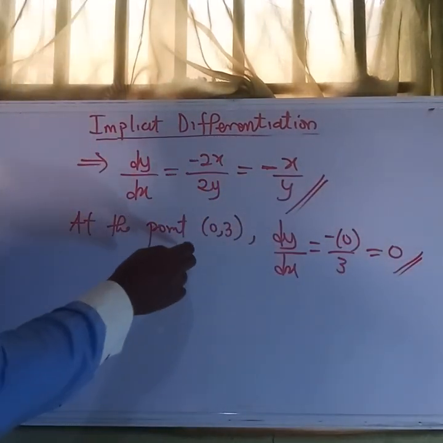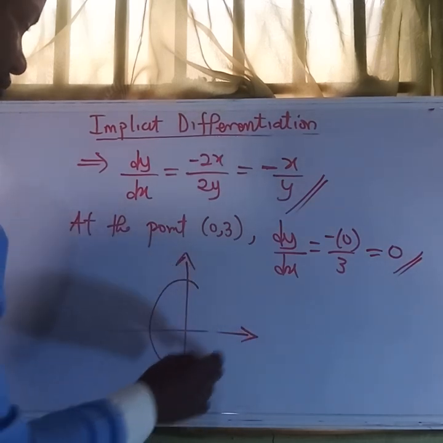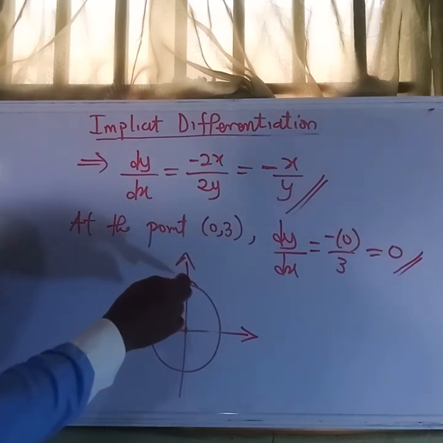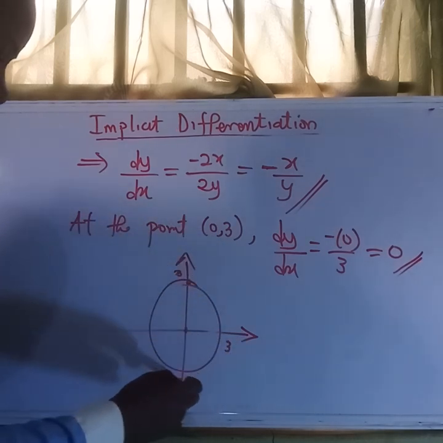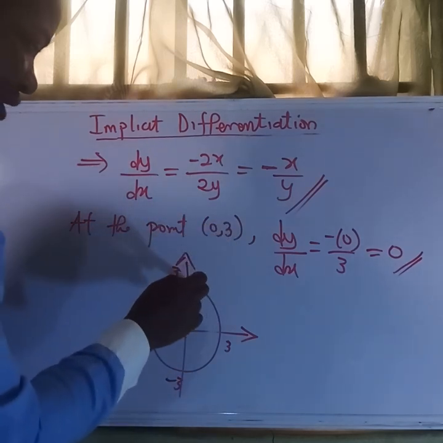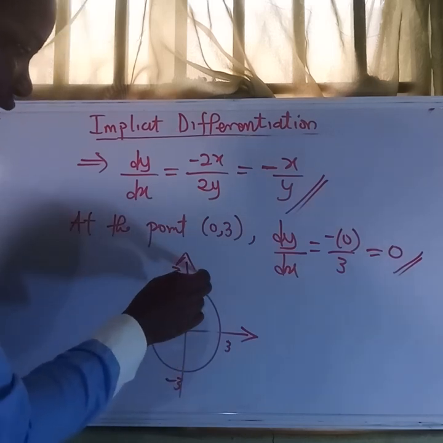So let us see how this behaves on the graph. The coordinates we have here are (0, 3), (3, 3), (-3, -3). The coordinate (0, 3) is this point. As you can see, when x is 0, y is 3.